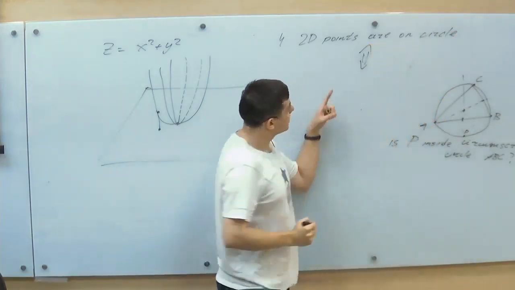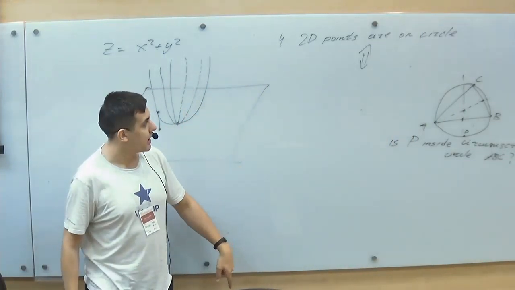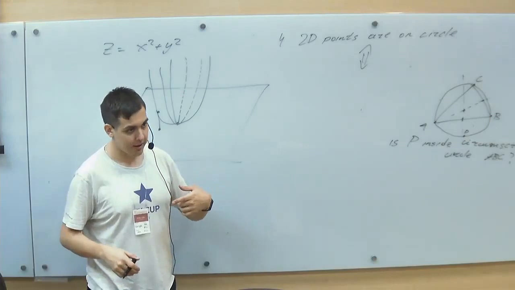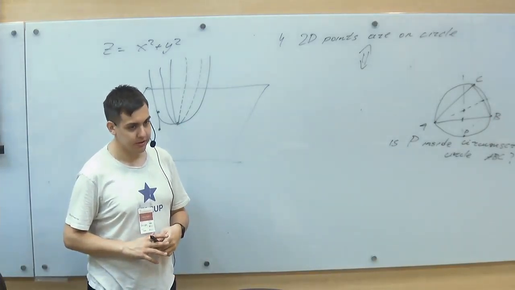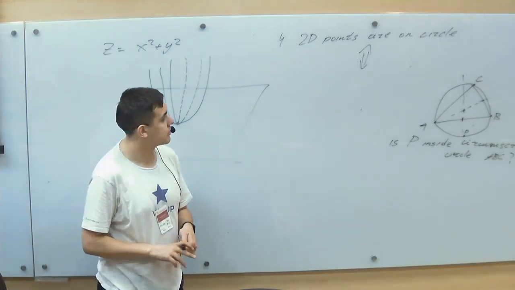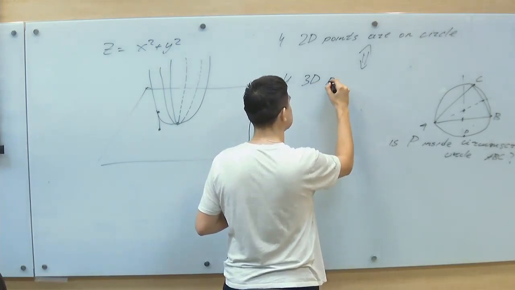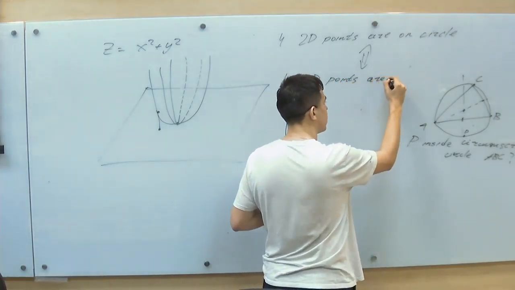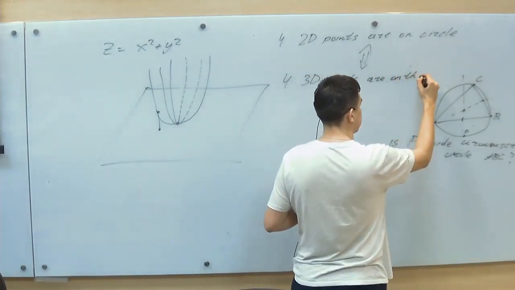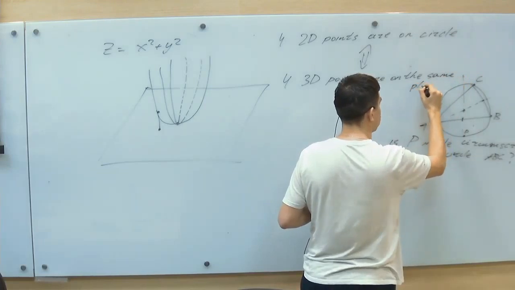This statement that 4 2D points are on the same circle is equivalent to 4 3D points being on the same plane.